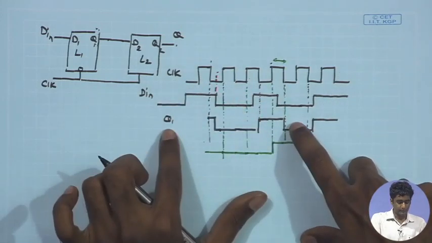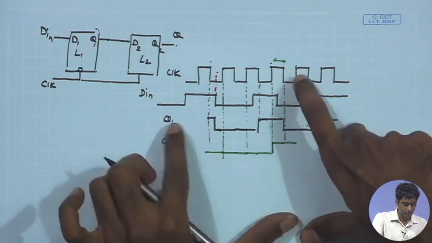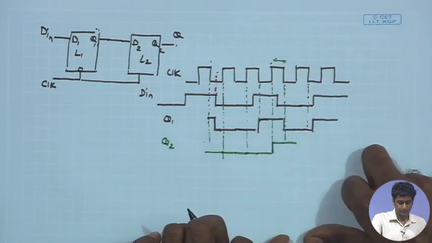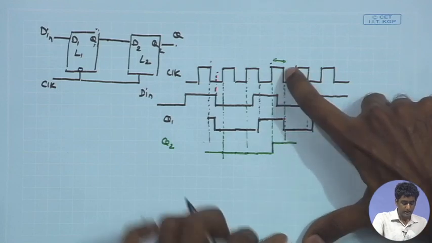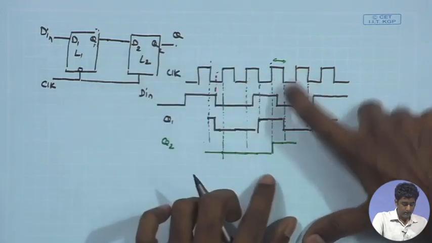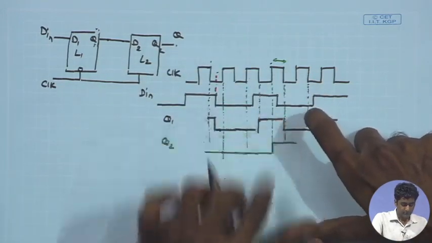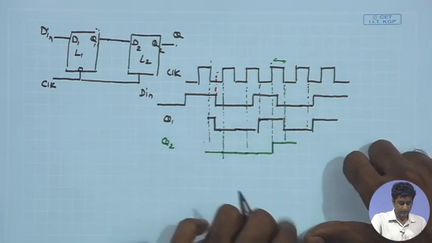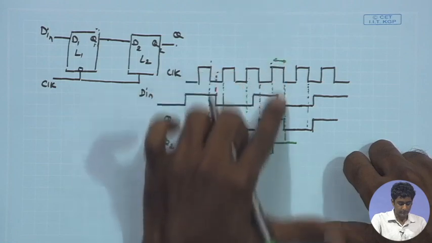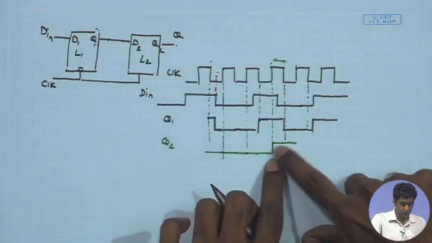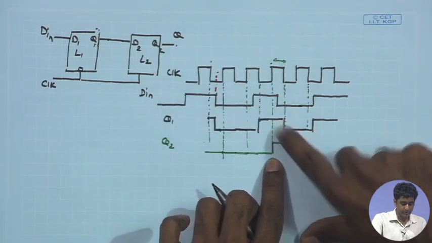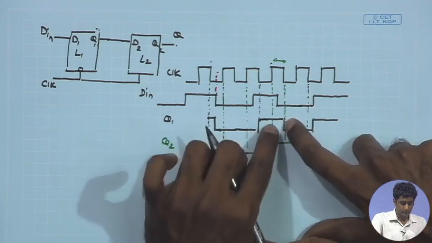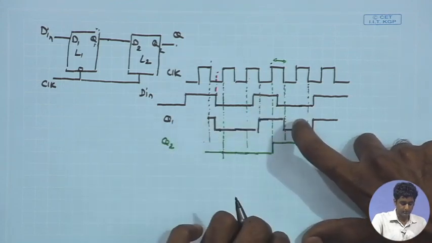At this point, as the clock is going low, Q1 is making a transition from 1 to 0, and just before this falling edge of the clock, the Q1 was high. As a result, during the positive phase of the clock, Q2 was also high because it was transparent to Q1. Right at the falling edge of the clock, Q1 made a transition.